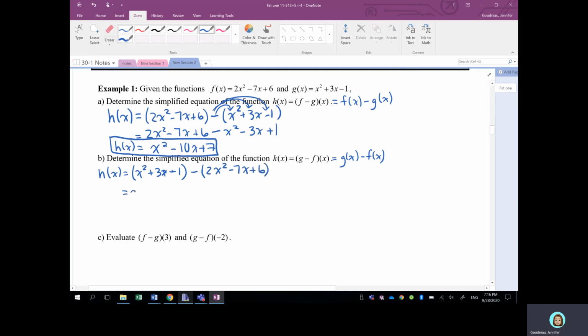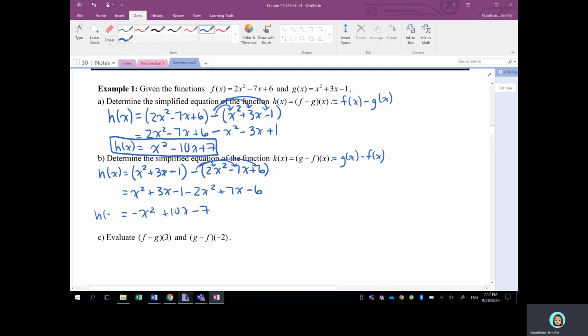Removing the brackets, x squared plus 3x minus 1, nothing changes there. But here, when we remove the brackets, that negative gets distributed to every term, minus 2x squared plus 7x minus 6. Collecting like terms, x squared minus 2x squared is negative x squared. 3x plus 7x is 10x. Negative 1 minus 6 is negative 7.